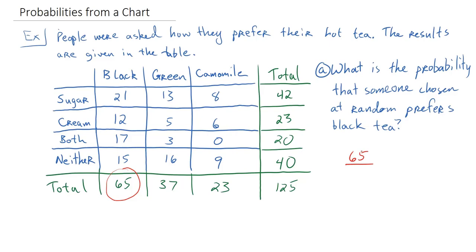And then the denominator of our probability is the total number of options. 125 people was our total, so that'll be our denominator. So 65 out of 125 people would prefer black tea.